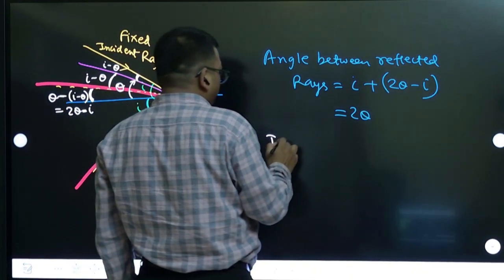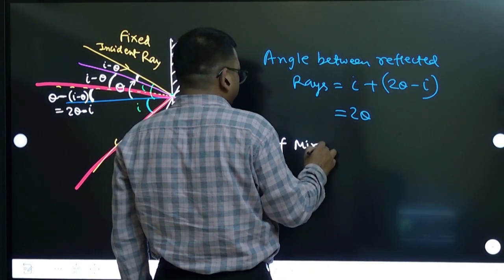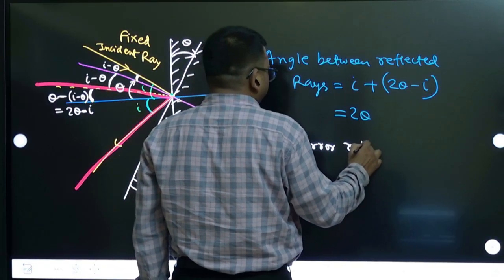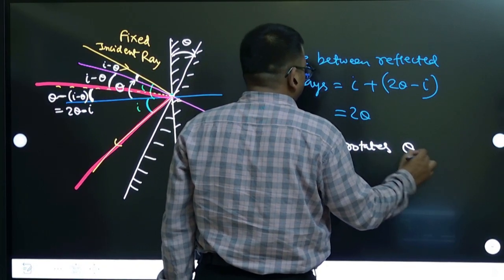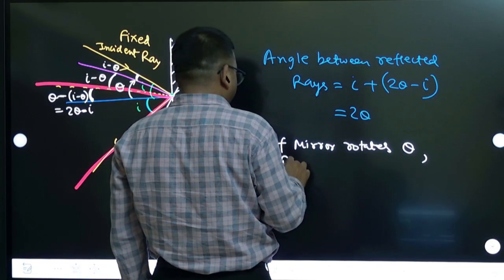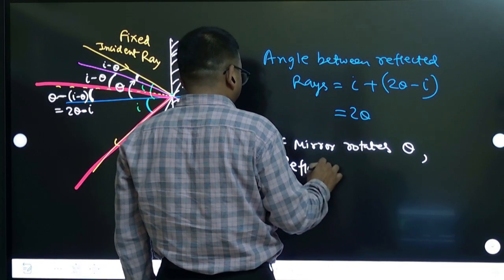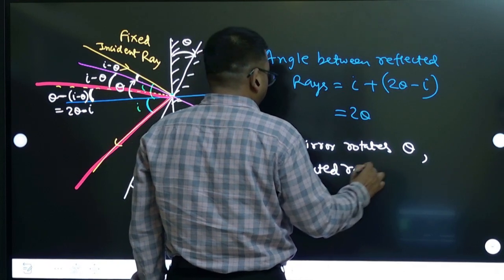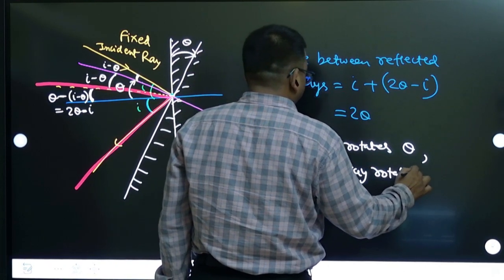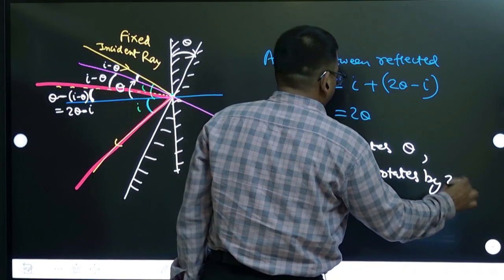Okay, if the mirror rotates by theta, then the reflected ray rotates by 2 theta.